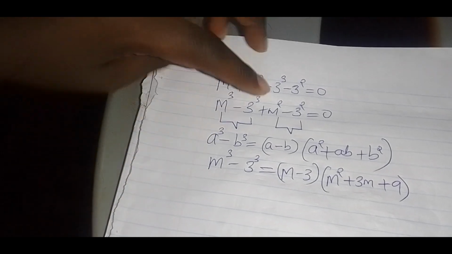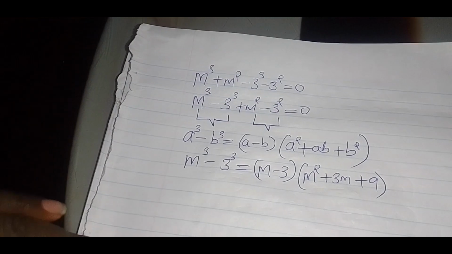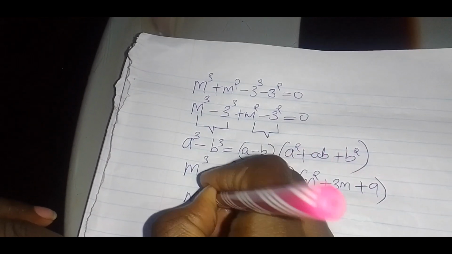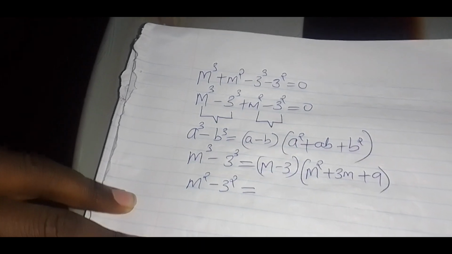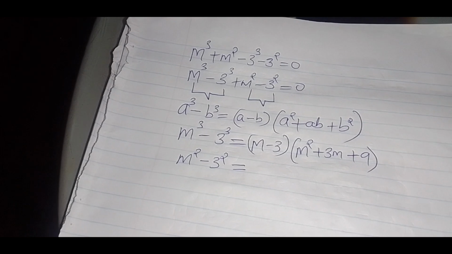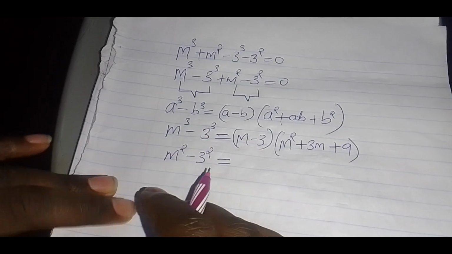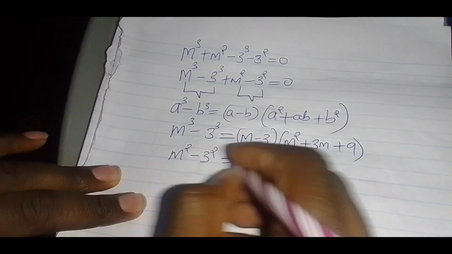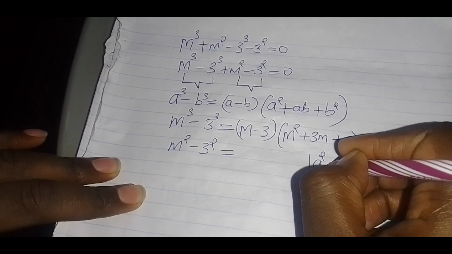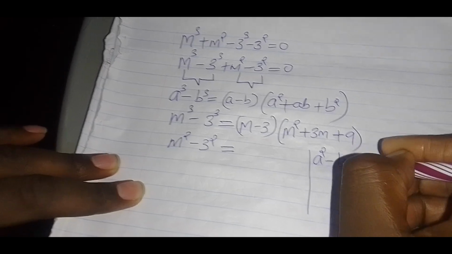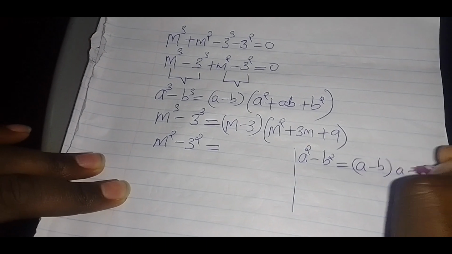And then the second part of our equation, we have m squared minus 3 squared, and this one is the difference of two squares. For instance, if you have a squared minus b squared, this one is expressed as a minus b multiplied by a plus b.